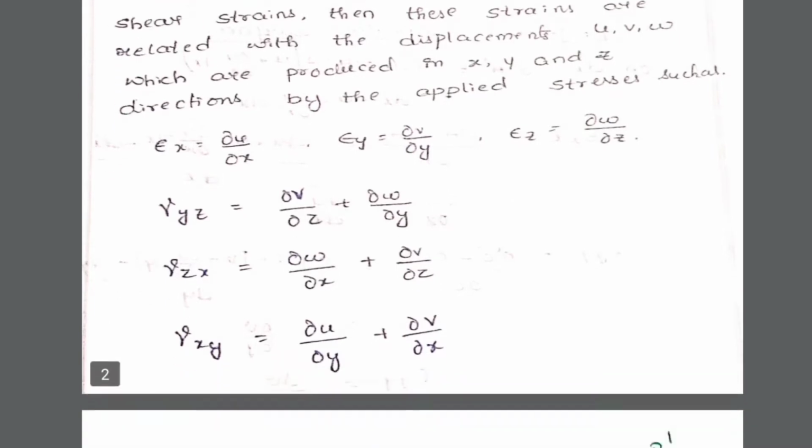So these are the strains produced: epsilon x is equal to dou u by dou x, epsilon y is equal to dou v by dou y, epsilon z is equal to dou w by dou z. Like that shear strains are also produced, that is gamma yz, gamma zx and gamma xy. So these are the formulas we have to derive now.